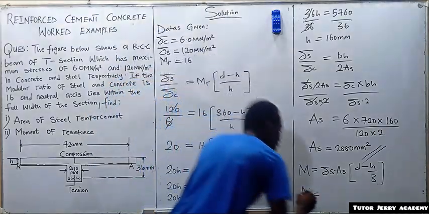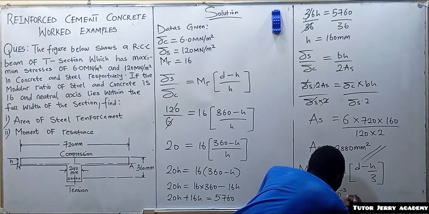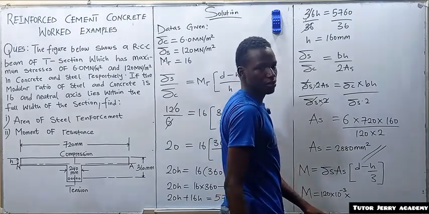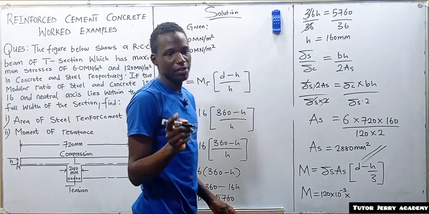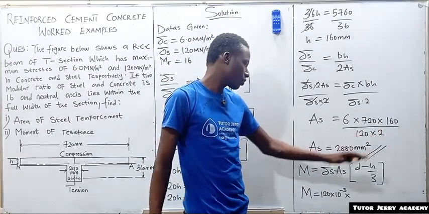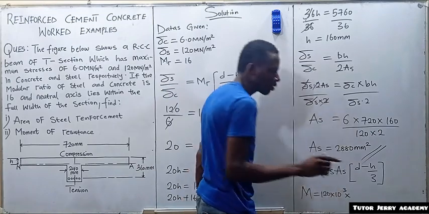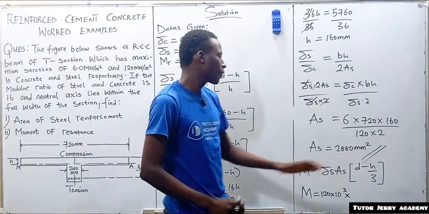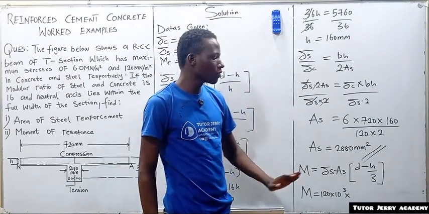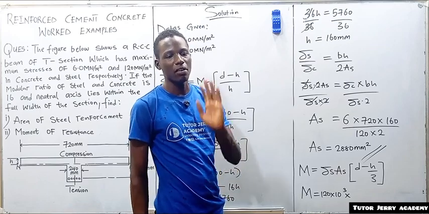So we have 120 multiplied by 10 to the power of 3, multiplied by our area, which will be times 10 to the power of minus 6, because we are having millimeter square here. We are converting millimeter square to meter square, so it will be divided by 10 to the power of 6, which is the same thing as multiplying by 10 to the power of minus 6.